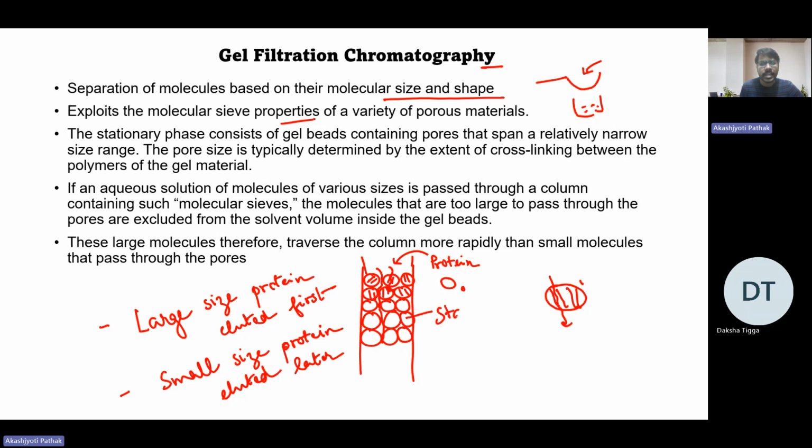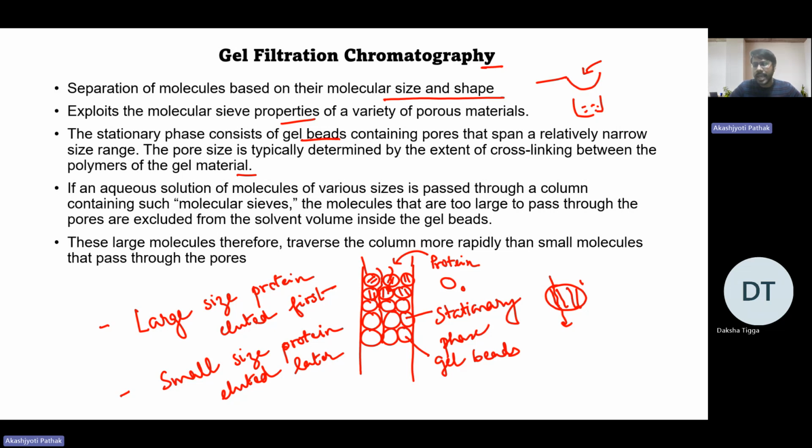So what is the stationary phase in gel filtration chromatography? The stationary phase basically contains gel beads, and these gel beads contain pores that span a relatively narrow size range. The pore size is typically determined by the extent of cross-linking between the polymers of the gel material. These beads that I was talking about are basically gel beads, and these gel beads are formed by chemical reactions.